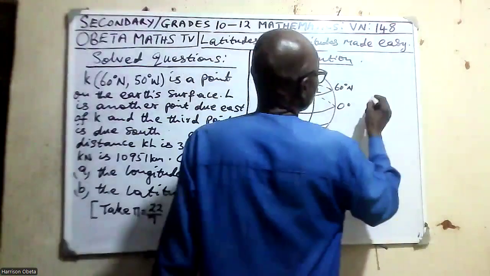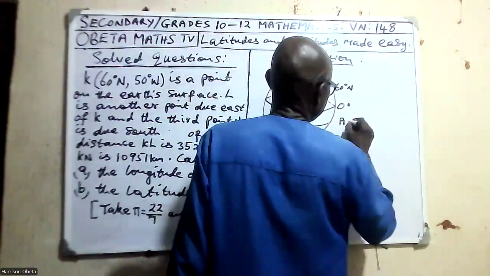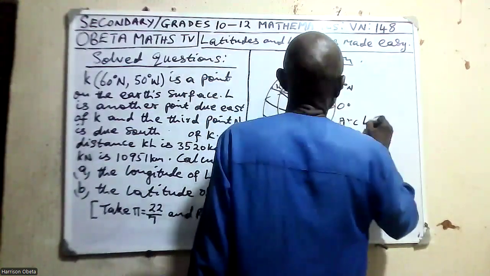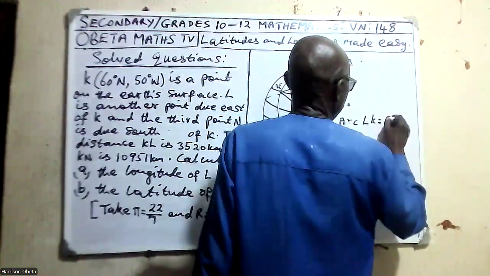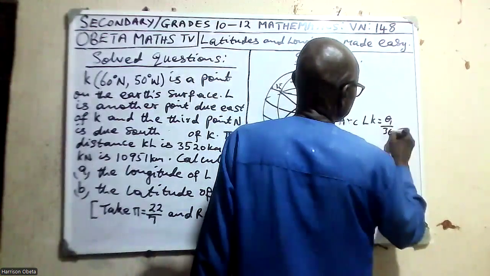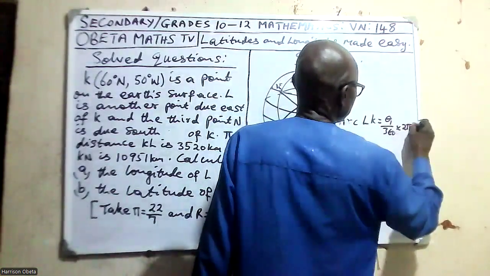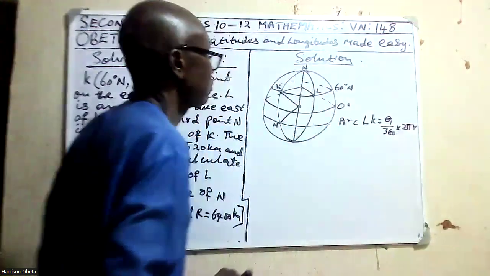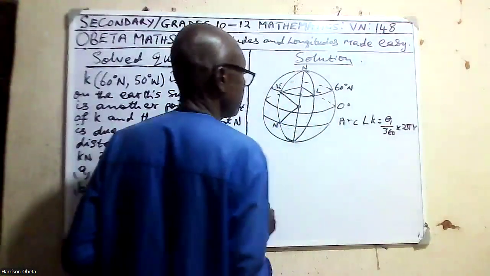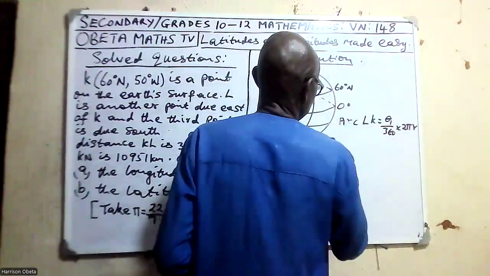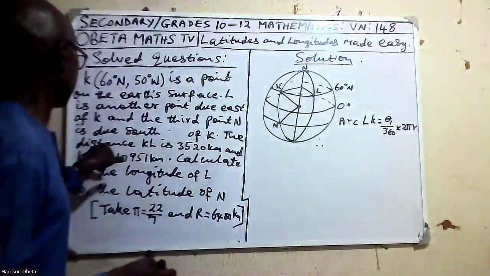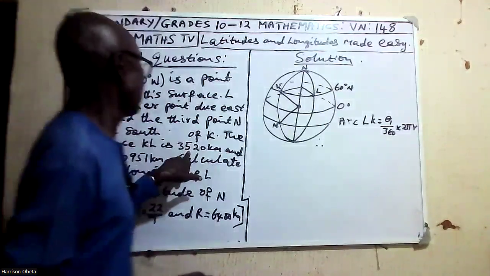Okay, now arc LK is theta 1 over 360 times 2 pi small r. And remember, we already know LK. We were told that KL is 3520.